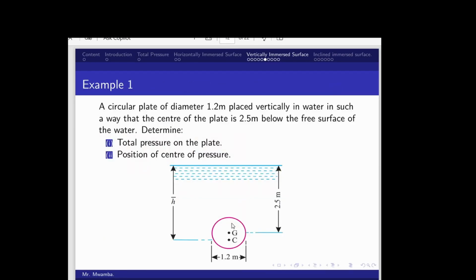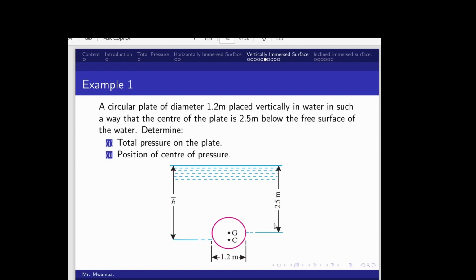Let's do an example. Example 1 says that a circular plate of diameter 1.2 meters is placed vertically in water in such a way that the center of the plate is 2.5 meters below the free surface of the water. So we're talking about water here. Determine the total pressure on the plate and the position of the center of pressure.